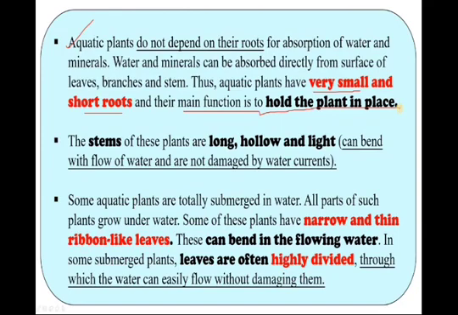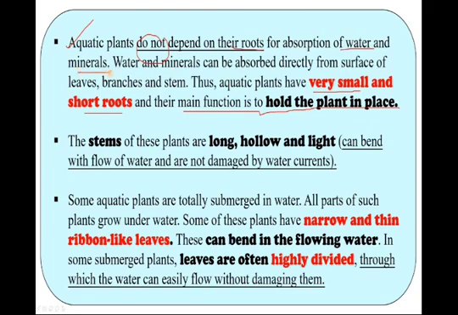Actually, the aquatic plants do not depend on their roots. They can live without roots, but what is the function actually? Why are the roots there? Because just to hold the plant in place. That is the only function, because water is available.